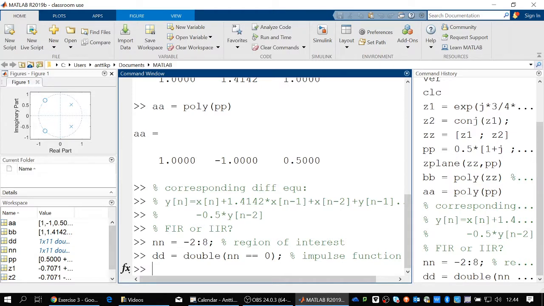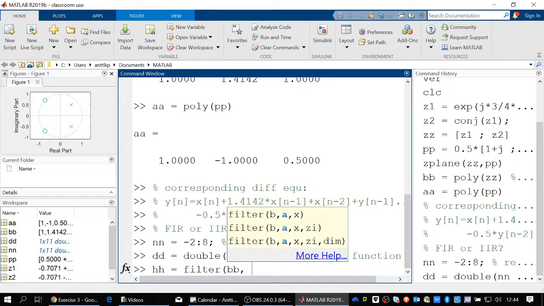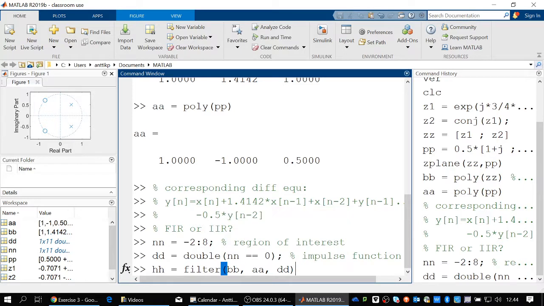And the impulse response, HH, is filter, BB, AA, when the input is the delta function. That's the impulse response.